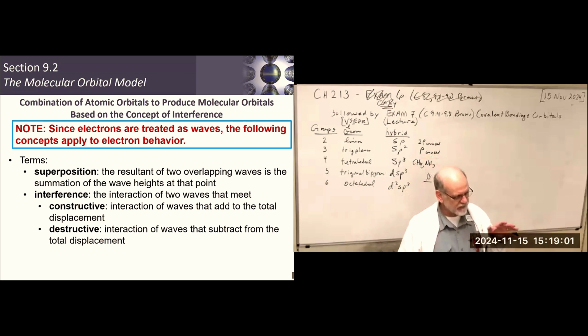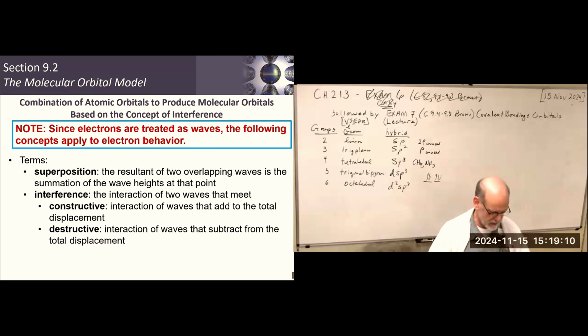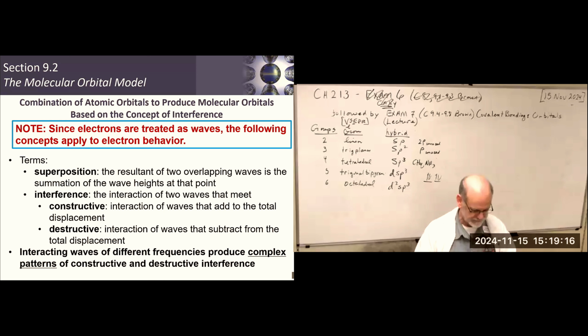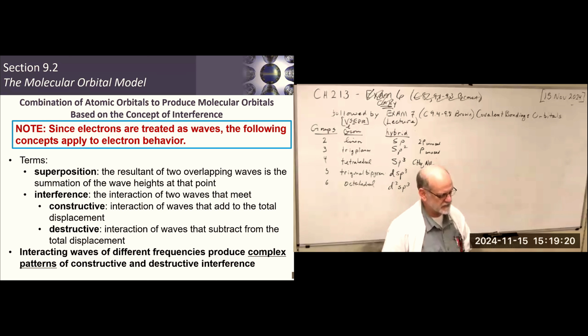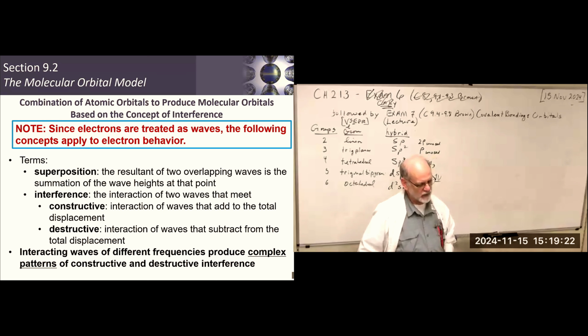Those are very simplified versions where you have 100% constructive or 100% destructive interference. But I would bet that you have gradations in between. You can form very complex patterns with these overlapping waves.